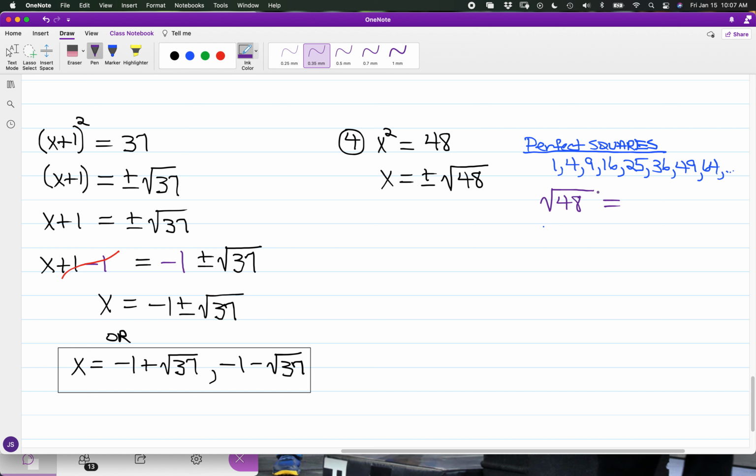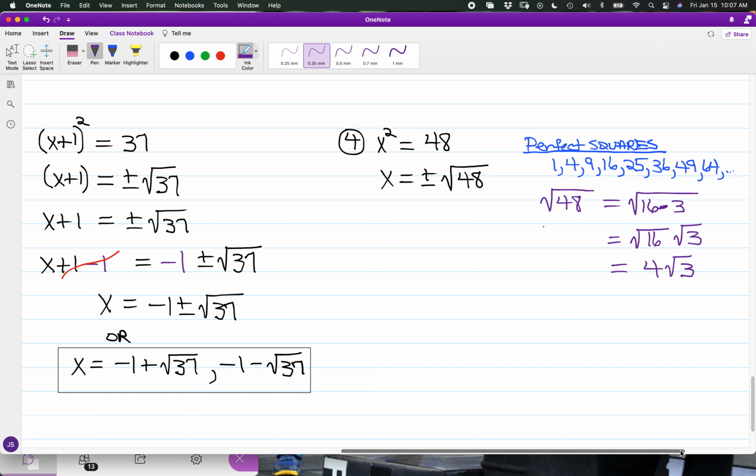You have the square root of 48, and the highest perfect square divisible into 48 is going to be 16. So you have 16 times 3. And the square root of 48 is the square root of 16 times the square root of 3. The square root of 16 is 4, and we have times the square root of 3.